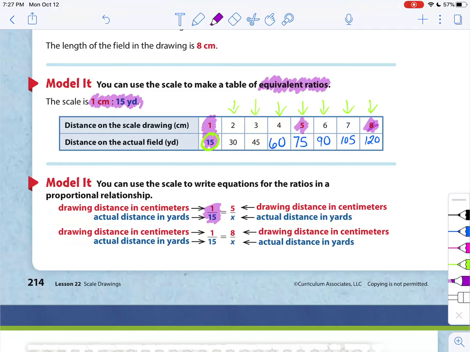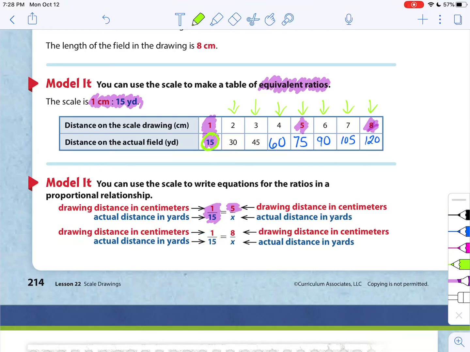So remember, we're going from our drawing to our actual. So we want to make sure that that stays consistent throughout the whole proportion. So we want to make sure that our 5 centimeters is on top. And the actual distance we don't know, so we use x. Then we use the same scale factor, 1 to 15, to set up our second proportion that helps us find that length.